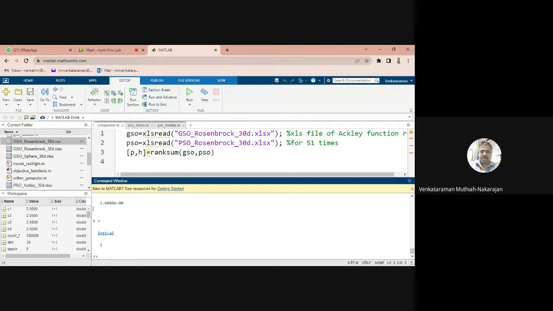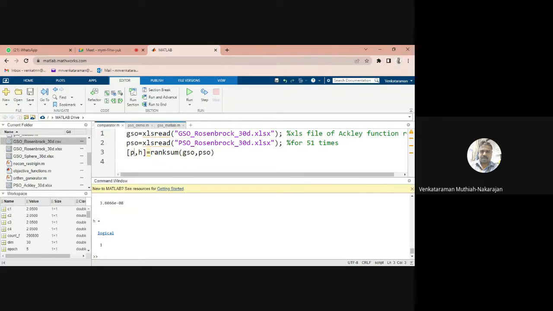In this case, p happens to be 3.6 into 10 to the power minus 8. The general syntax is p comma h equals rank sum, but if you don't want to display p, you can use the tilde command like this. Then your focus is only on h, not on the tilde.